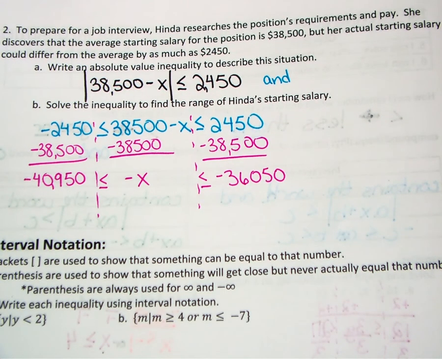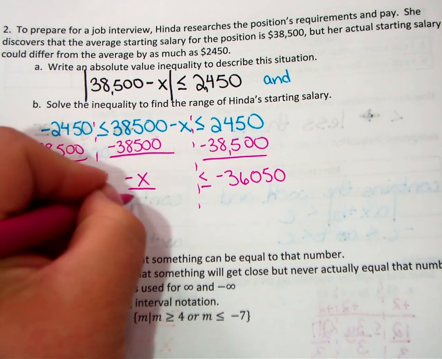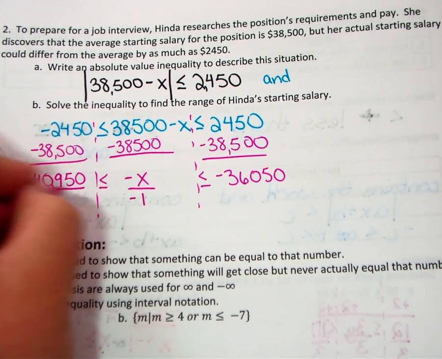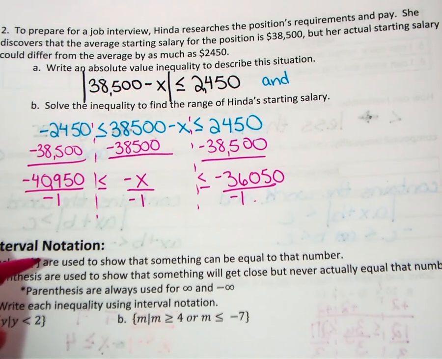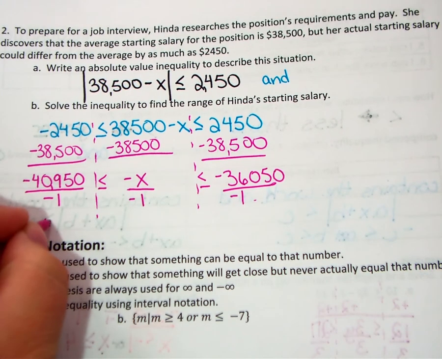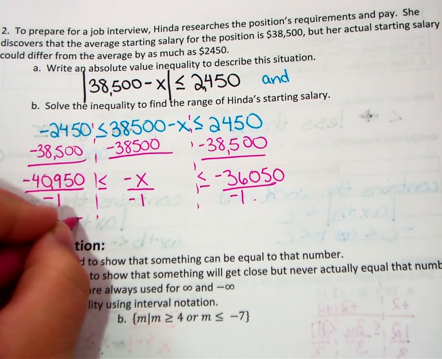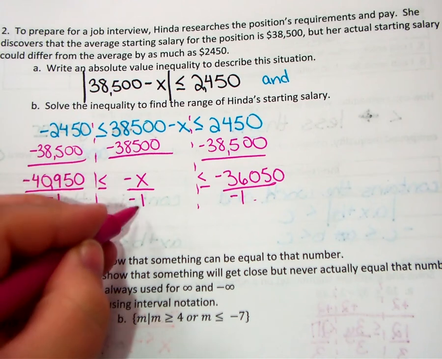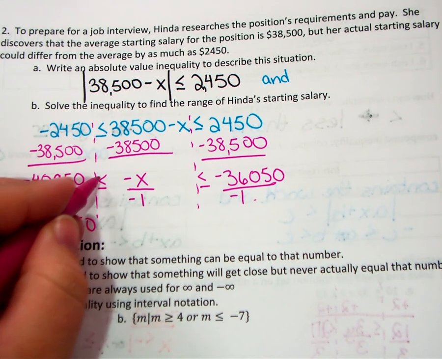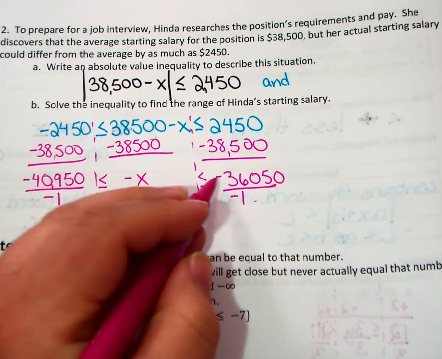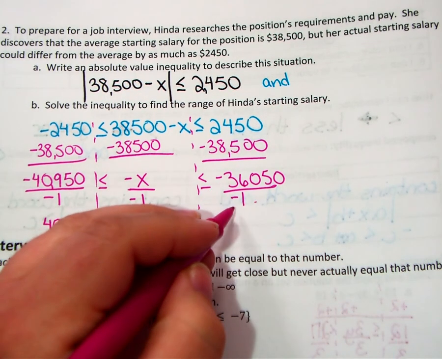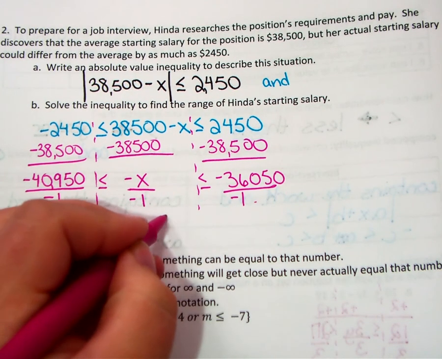Now we need to get that x alone by dividing all three sides by a negative number. So I get $40,950. And remember, dividing by a negative flips the sign. And here I'm dividing by a negative, so this sign will also flip.